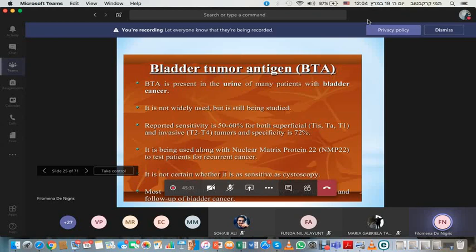If the laboratory is looking for antibodies against the tumor antigen, it is less sensitive because they are looking for antibodies released from the body following exposure to the antigen.